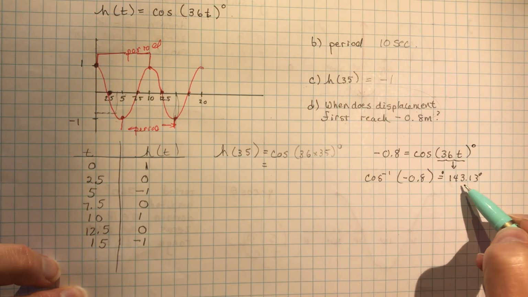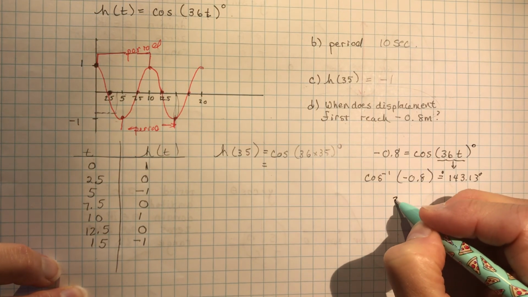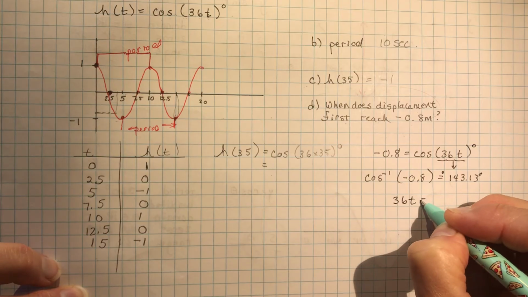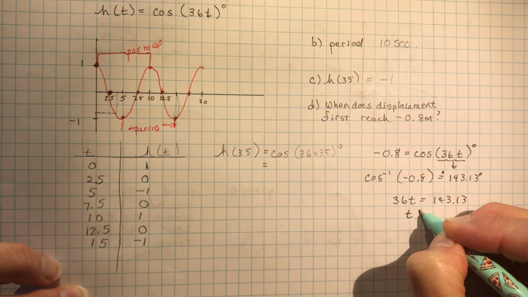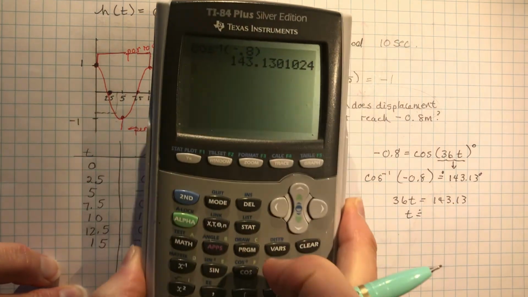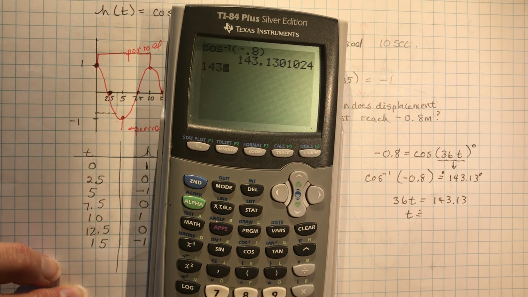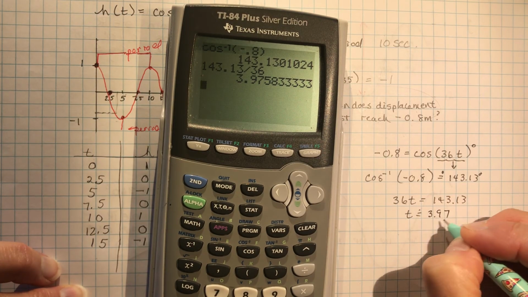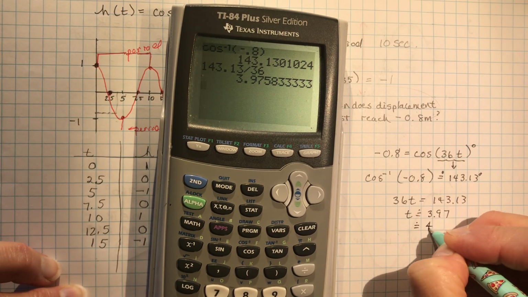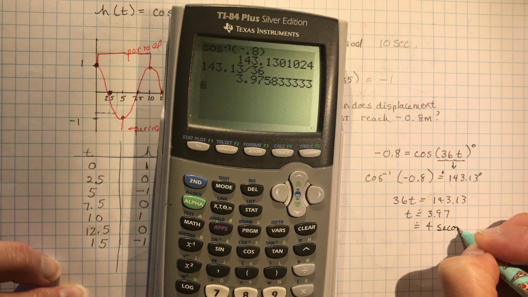So 36t has to be 143.13, so t is approximately equal to, all I have to do now is divide 143.13 divided by 36, and that's going to give me the time. So it's approximately 3.97, and that's approximately 4 seconds.